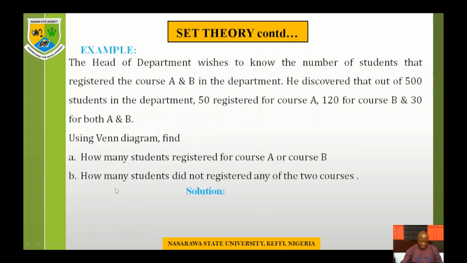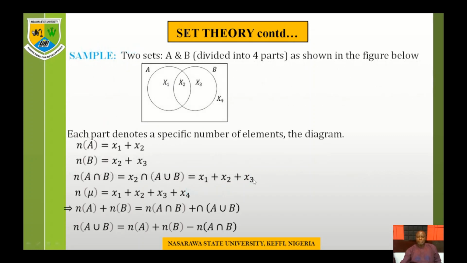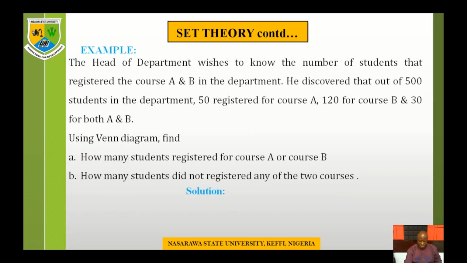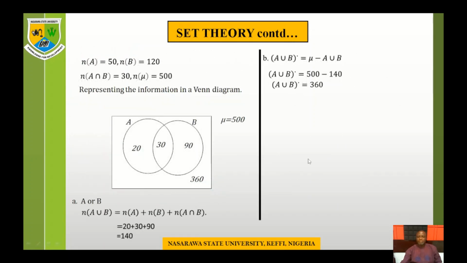And then how many students did not register any of the two courses at all? You have A union B complement.